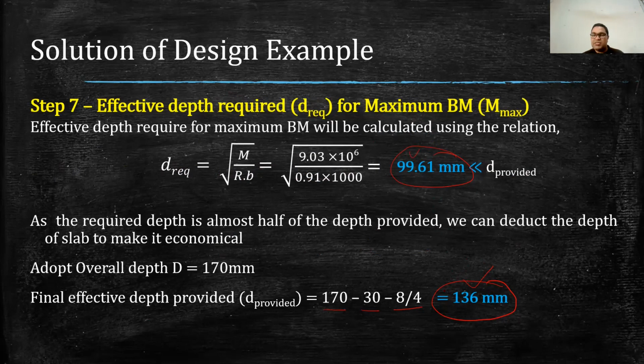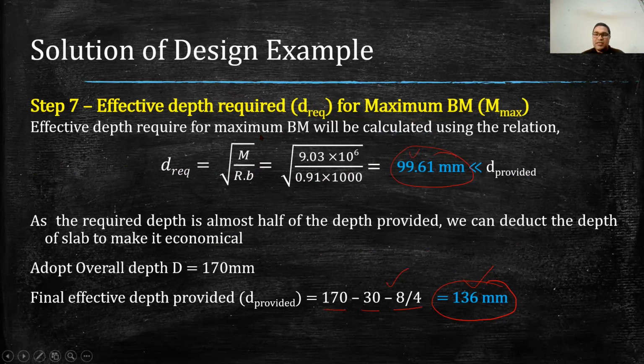So that is why I'm decreasing this slab thickness optimally. And if by chance our slab fails in the deflection check, in that case, we have to again increase the depth. So this is how design is done, and that is why it is called design as an iterative process. So we increase, we decrease, depending on the requirement, depending on the checks.